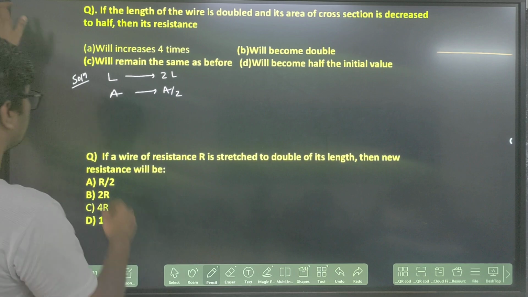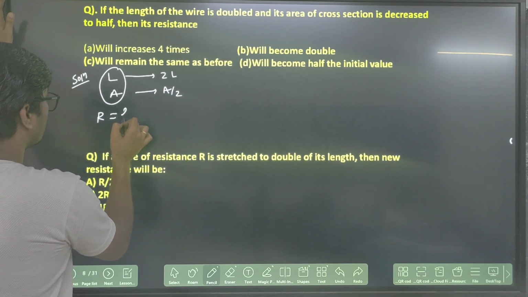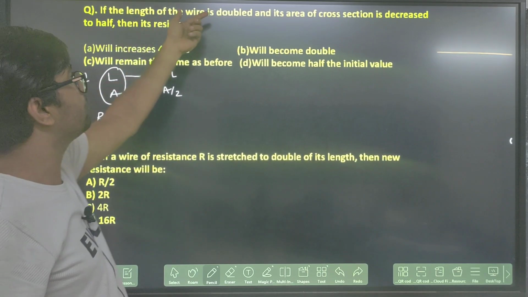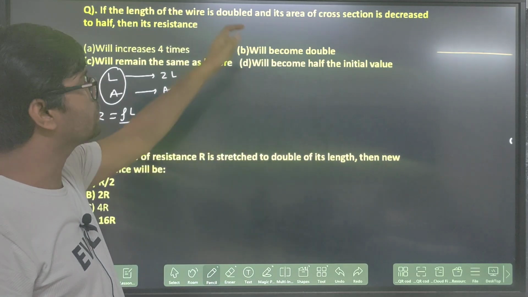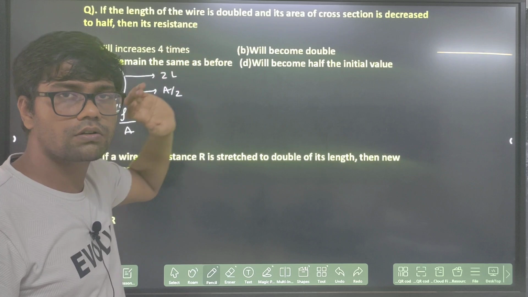Then the resistance: first find out for the first case. Resistance equals rho L by A. This is the same wire, you are just stretching it, so the resistivity, or specific resistance, is not going to change.